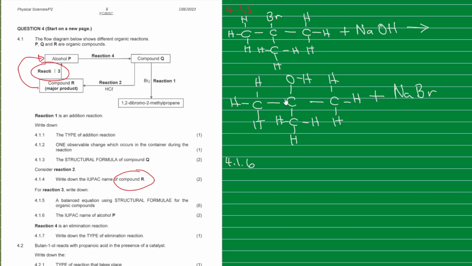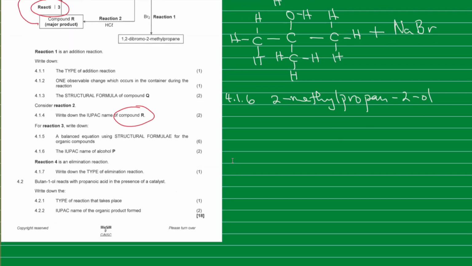So this is a propan-2-ol, because our hydroxyl is on carbon number 2. But again, we have got a methyl branch. So at carbon number 2, we have got a methyl. And this methyl is in a propan-2-ol. So you've got a 2-methyl propan-2-ol. That is the name for that particular alcohol.